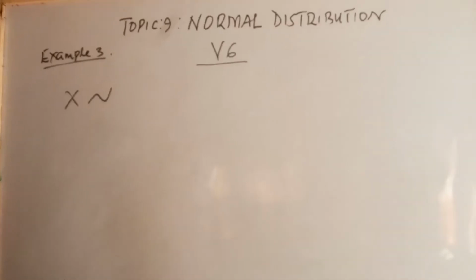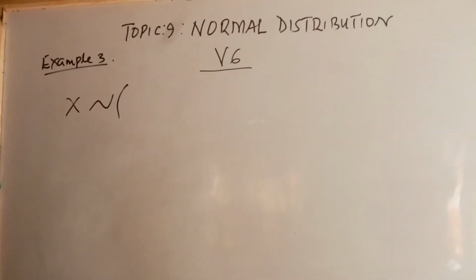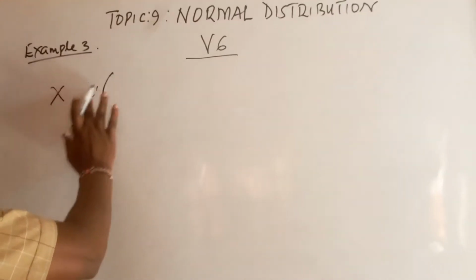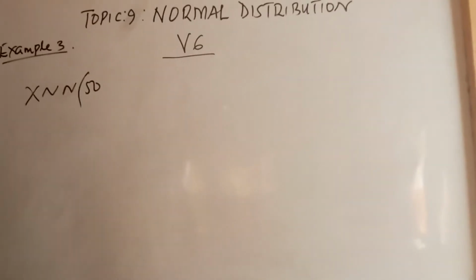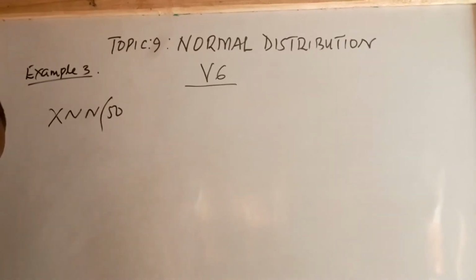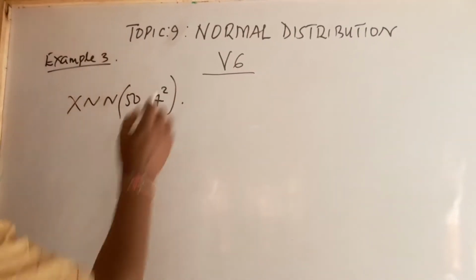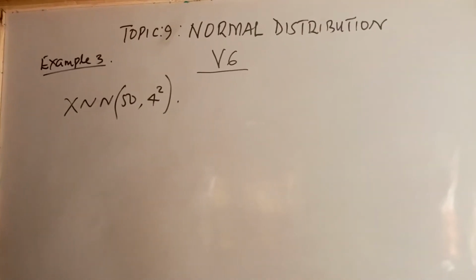The random variable x is distributed normally with a mean of 50 and a standard deviation of 4. That means the variance is 4 squared, which is 16.